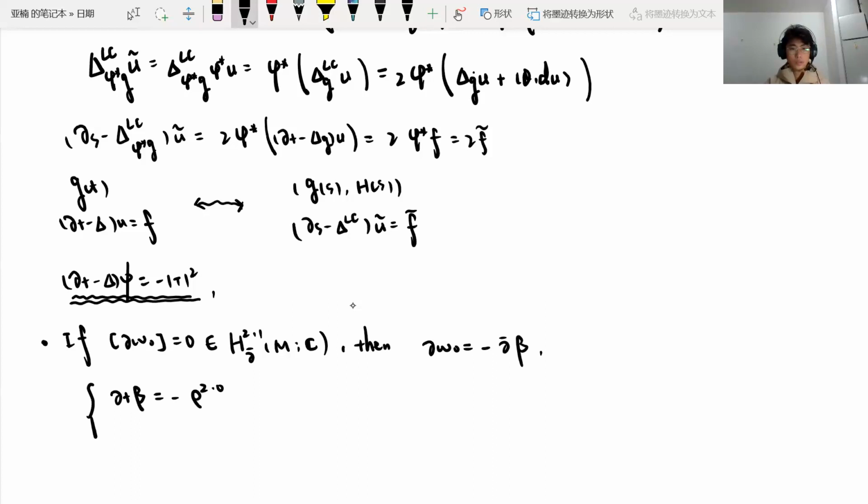Then we must have that the norm of beta is just less than.